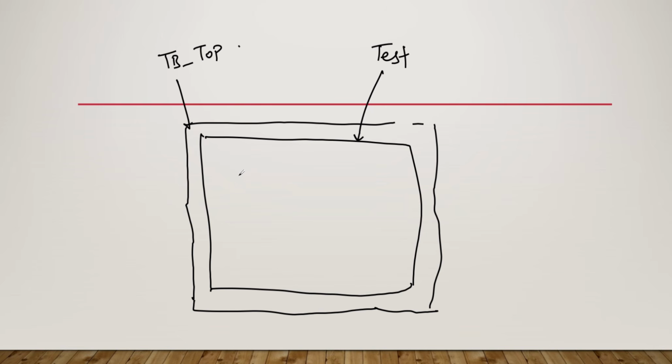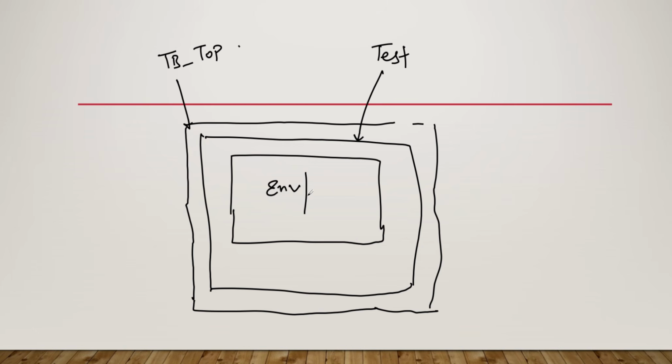Now inside test, you have environment. So let's say this is your environment. Now inside environment, you have agent, and also inside environment, you have one scoreboard.